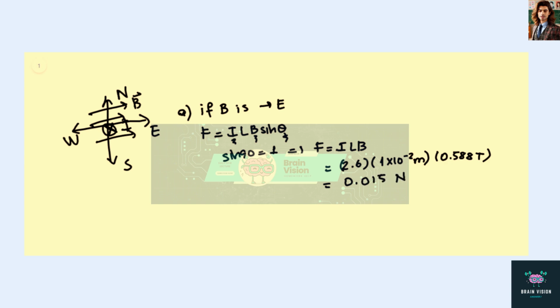From the right-hand rule, if we align our thumb with the direction of the current, and then the rest of our fingers along the direction of the magnetic field, and curve our fingers 90 degrees, that would show us the direction of the magnetic force. If we do this, as you can see, the direction of the magnetic force is going to be along the south.